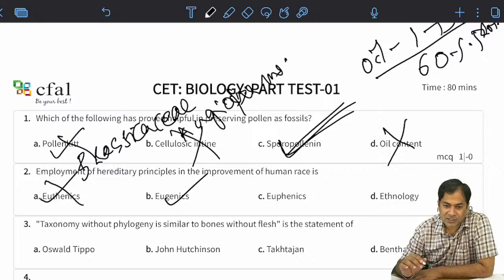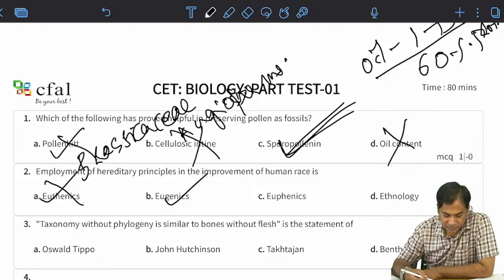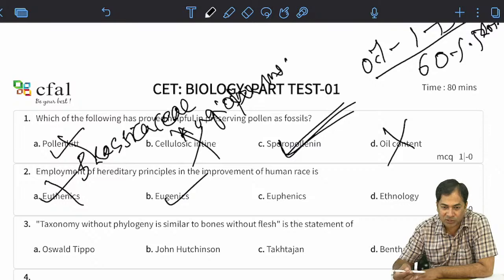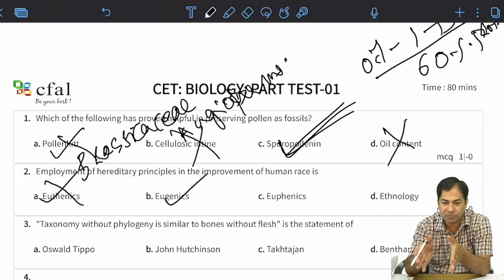So this is a branch of genetics that supports marriage between two religions and two different castes, so that only good genes are transferred to the next generation. Now what is happening in society at present is that people of the same caste marry within the same caste, so the same gene pool, similar kinds of genes, will be passed on to the next generation.